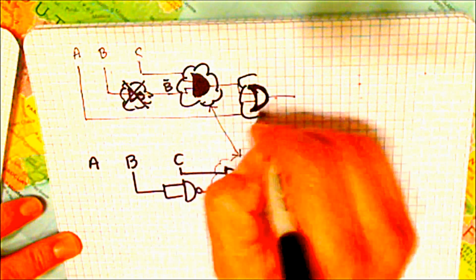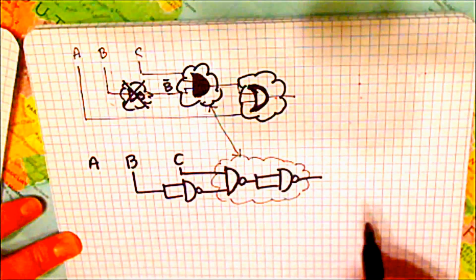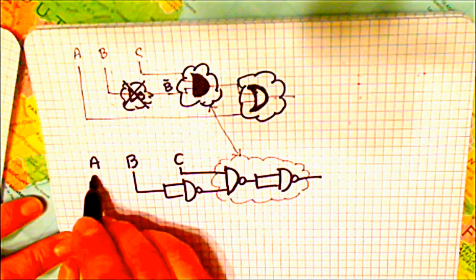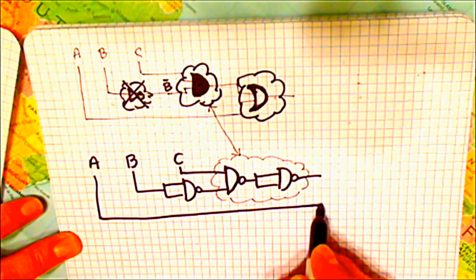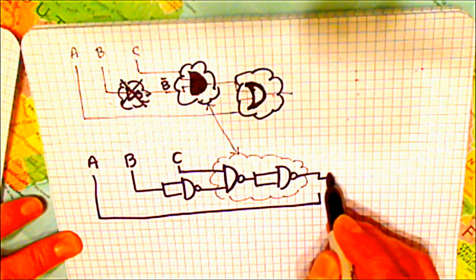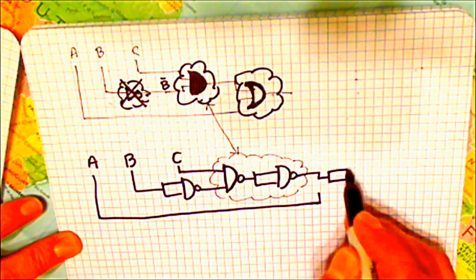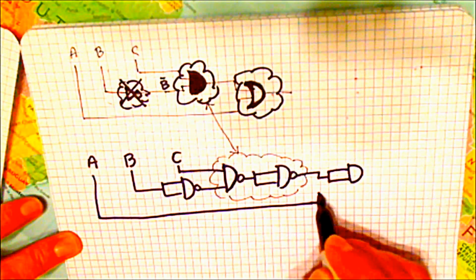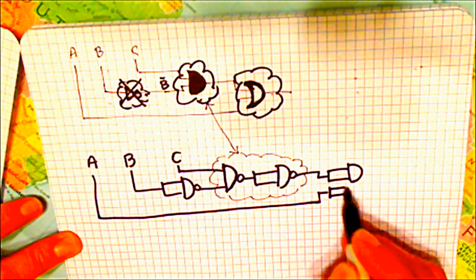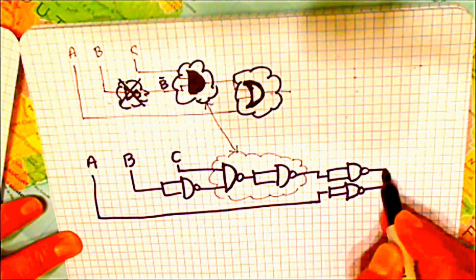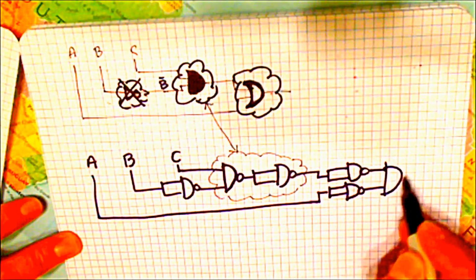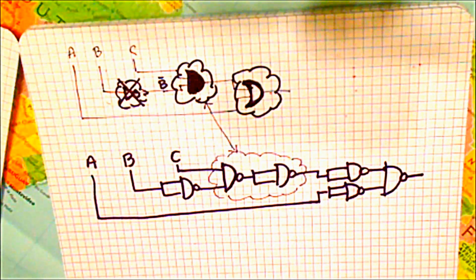Now we need to replace the OR, which feeds from A. And remember, the OR has two inversions at the beginning, and they feed into an AND gate.